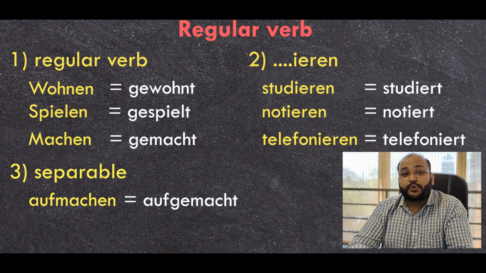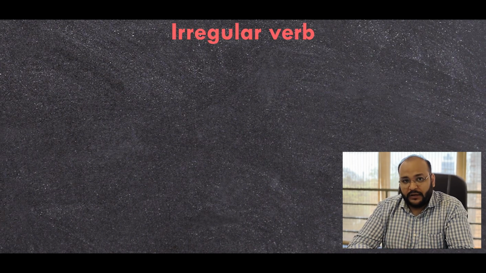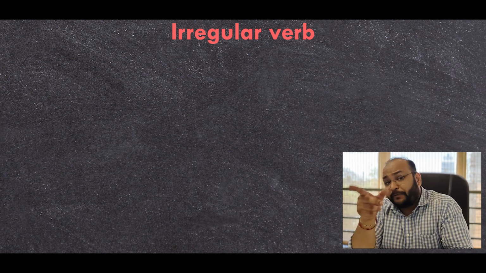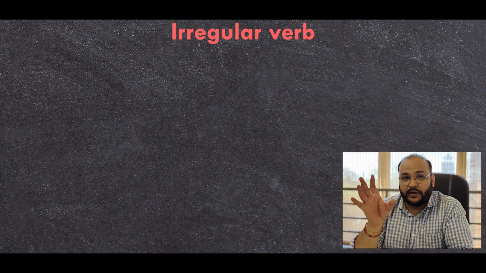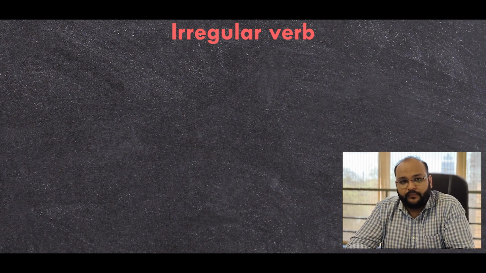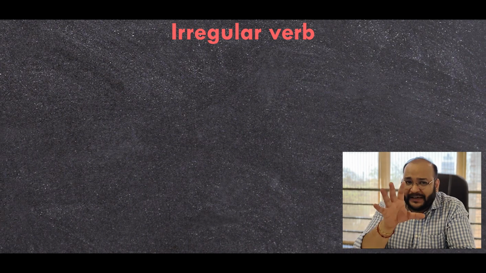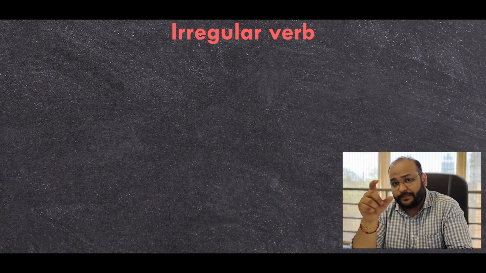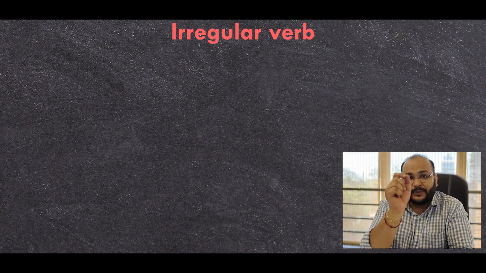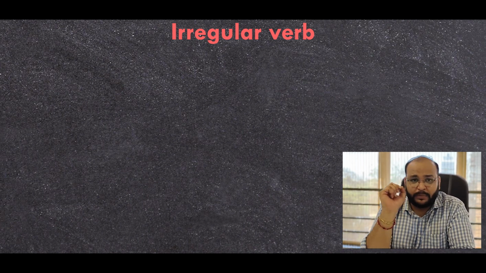Let's move on to irregular verbs. As a general rule, later on in A2 you will learn that there are two different types of irregular verbs. One is mixed irregular and the other is completely irregular verbs. So when it comes to completely irregular verbs, how do we make the past participle? We add ge in front of the verb.